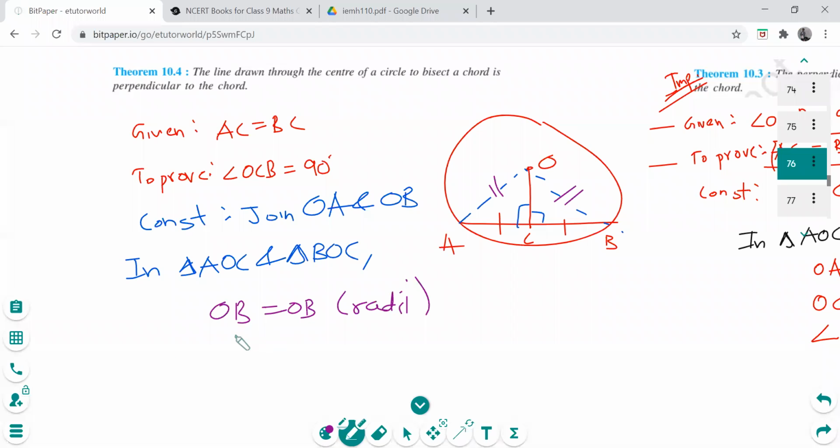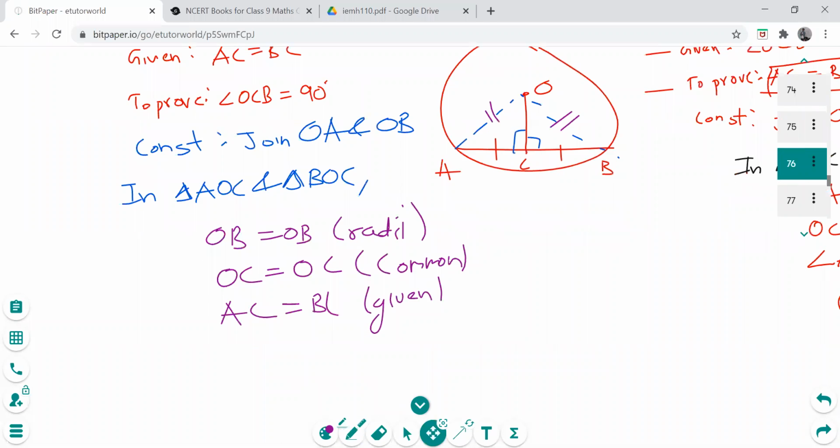Then OC equals OC, common. And AC is equal to BC, given. So by what? By SSS, side-side-side, triangle AOC is congruent to triangle BOC.